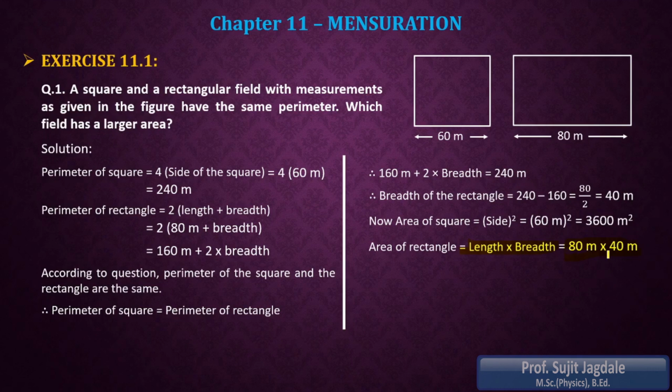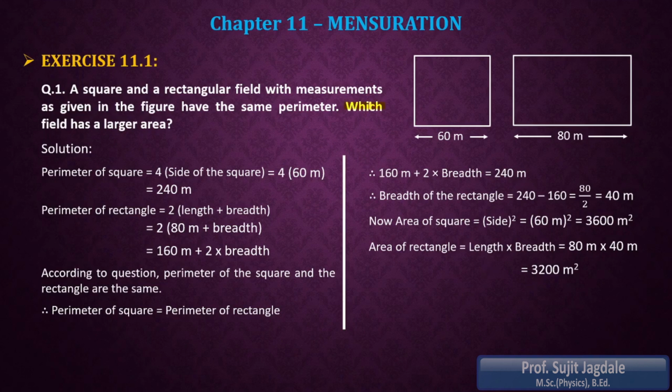Again 80 into 40: do the same thing we did in the previous case. 8 into 4, 4 8s are 32. Put down the zeros. How many zeros are there? 2 zeros. So the answer is 3200 meter square, which is the area of the rectangular field.